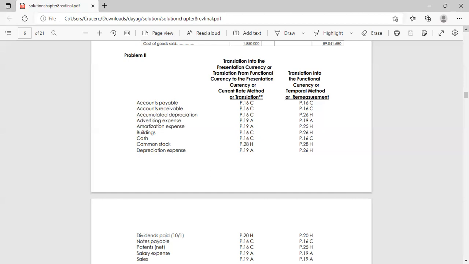Next, we have advertising expense. Advertising expense is an operating expense, and it's part of your income statement.